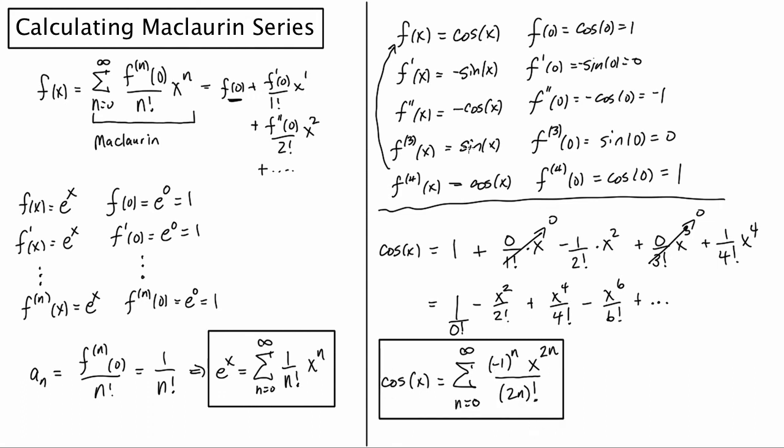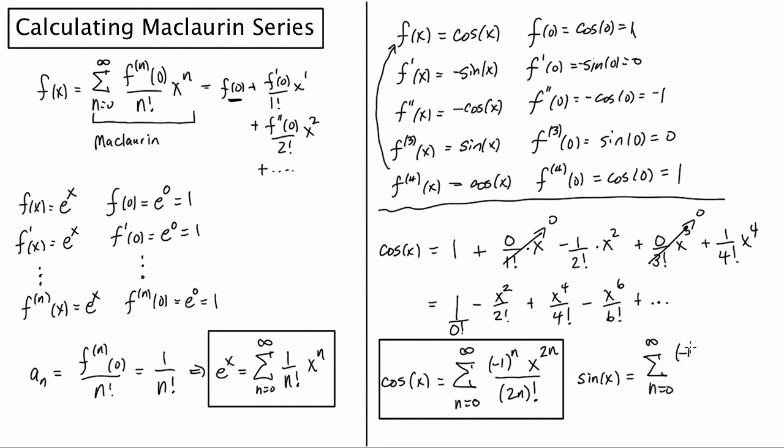If I had started this process with sine instead, all it would have done is shift the 1 down a spot. So rather than the odd terms being 0, the even terms would have been 0. And so I think you can see pretty easily that the sine Maclaurin series is very similar.